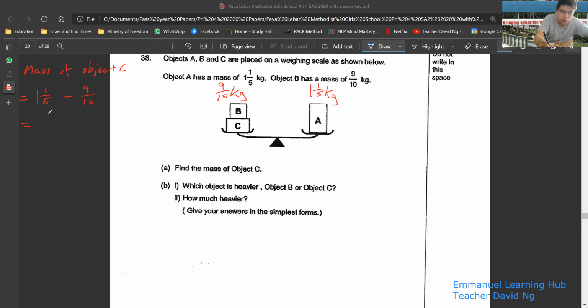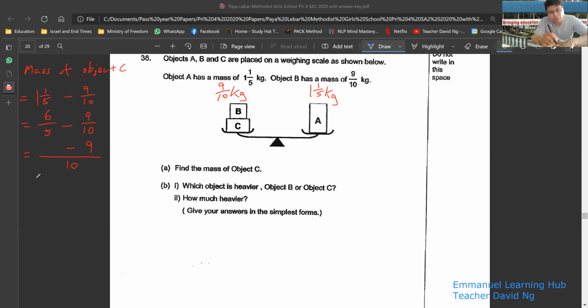One and 1/5, you change to improper fraction. 6/5. Very good. 6/5: 1 times 5 plus 1 is 6. Okay, 6/5, I can change it to over 10, right? I must change both to the same denominator, right?